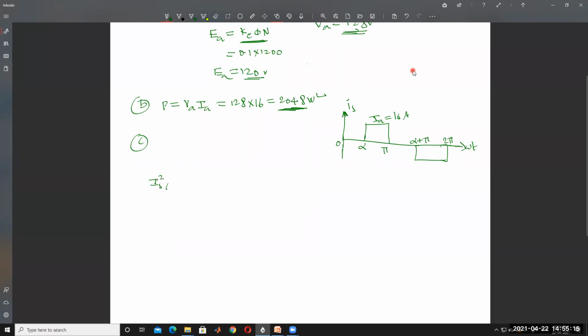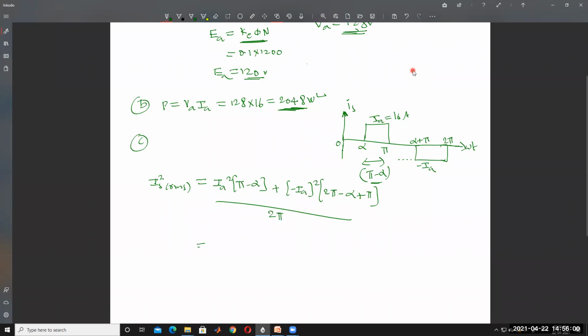So how to find the RMS value of the source current? IS RMS square is equal to IA square into the time period here, which is pi minus alpha, am I right? Plus here the current is minus IA, so minus IA square into the time period here, 2 pi minus alpha plus pi. The total time period is 2 pi.